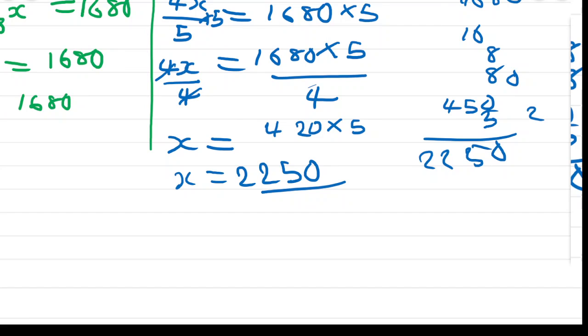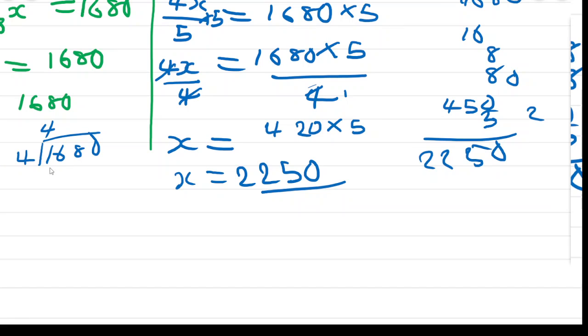Of course, we got the x from doing 1680 times 5 all divided by 4. What we did is to do 4 into 1680.